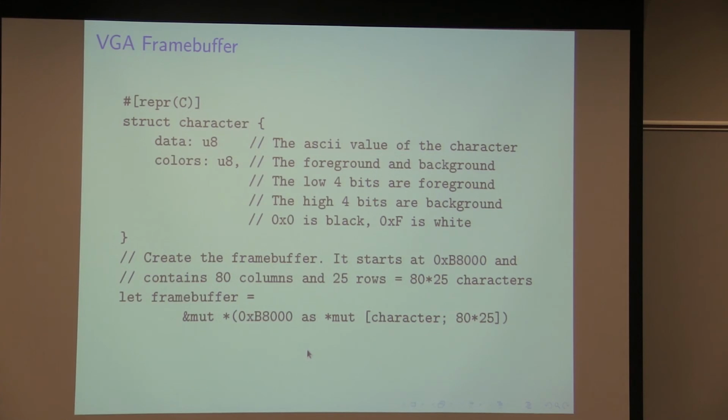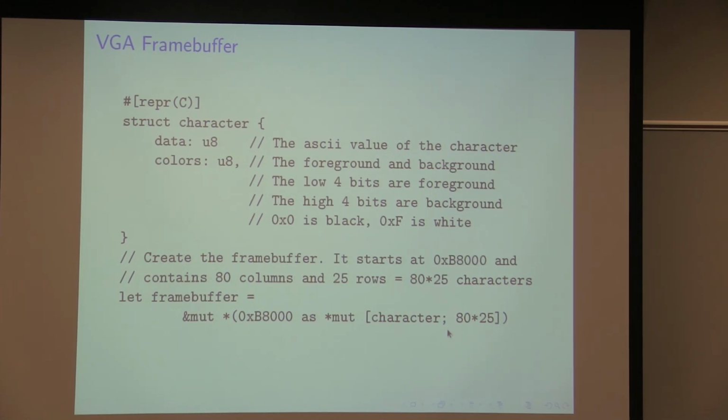This is a big 2D array, of size 80 times 25. There's 80 columns and 25 rows, I believe. Yeah, I think that's right. It is a 2D array, even though it looks like one big single-dimensional array. This is how you would do 2D arrays in C.